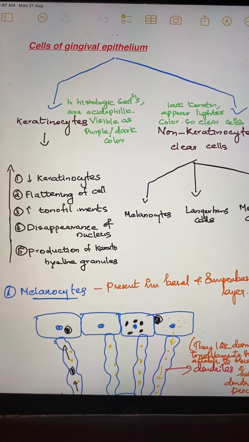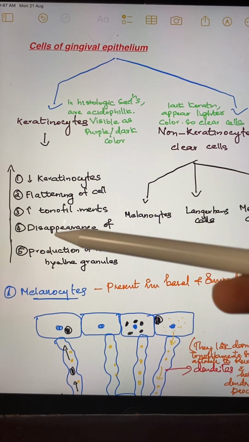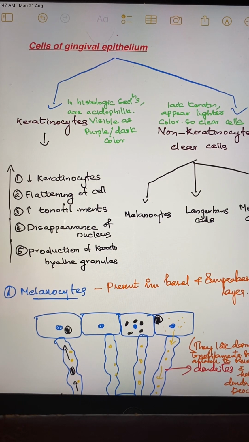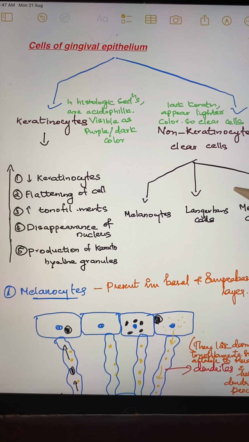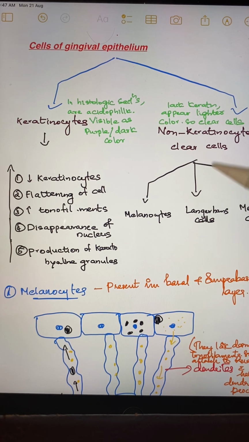Now I am going to talk about the cells of gingival epithelium. I told you there are two types of cells. Keratinocytes we know now, and there are some non-keratinocytes or clear cells in the gingival epithelium. They are the melanocytes, Langerhans cells and the Merkel cells.